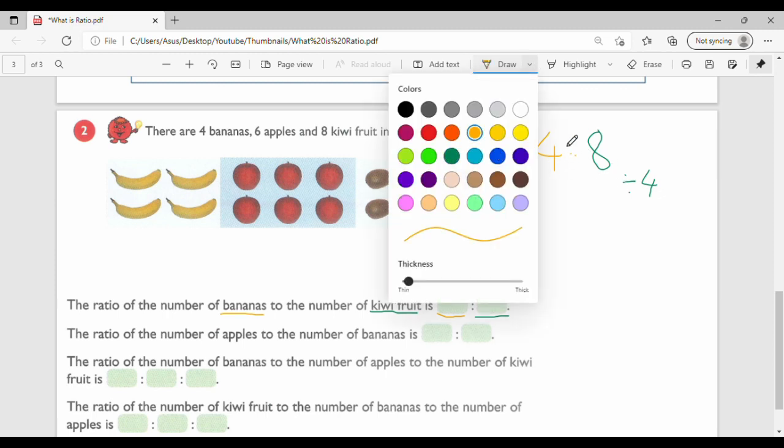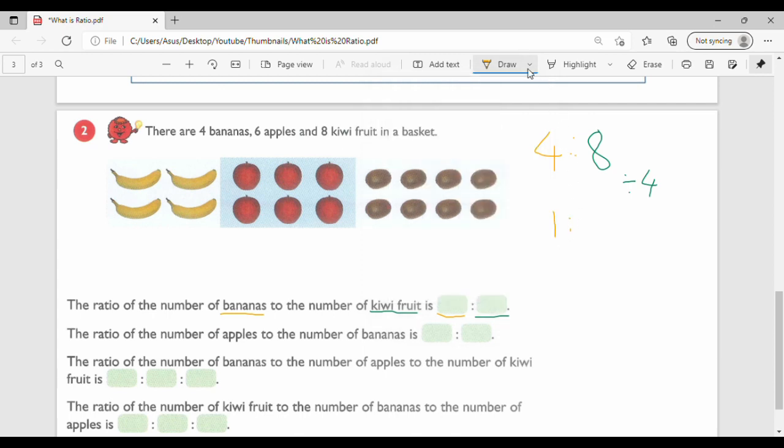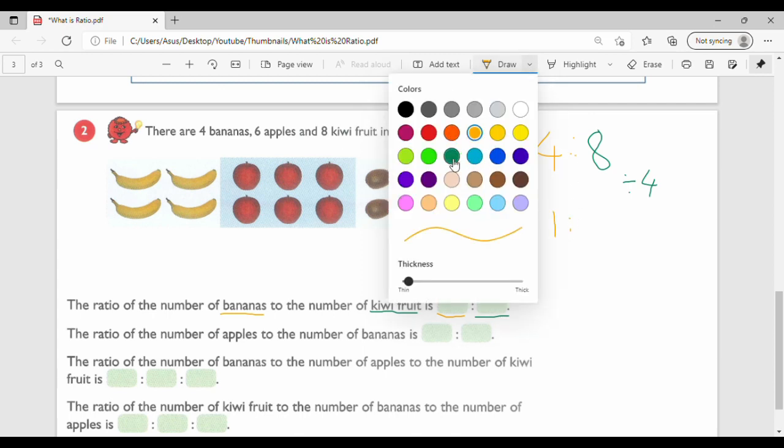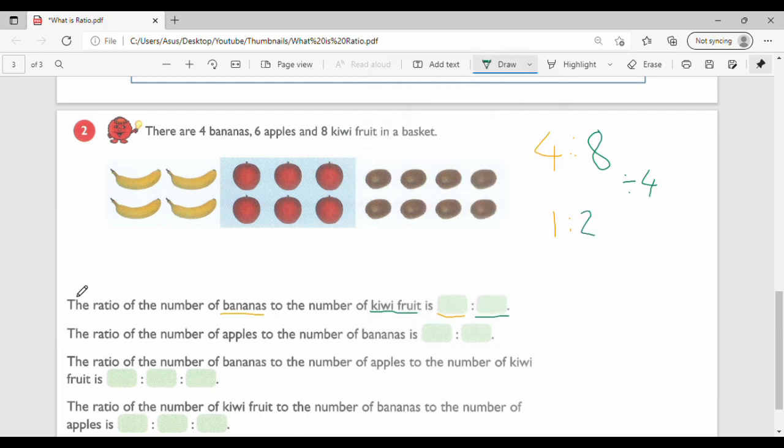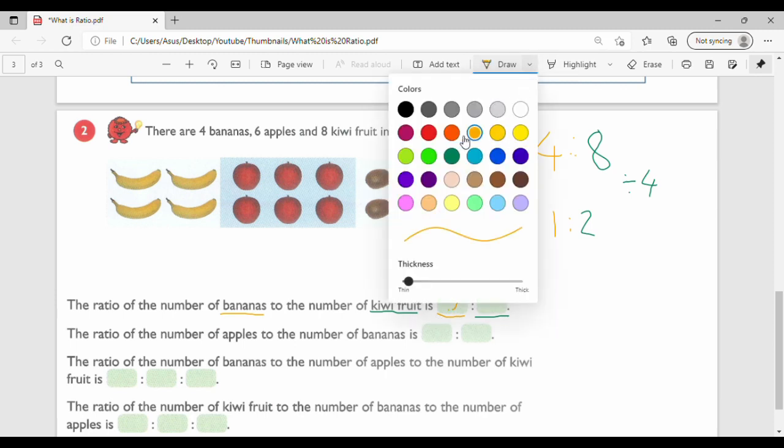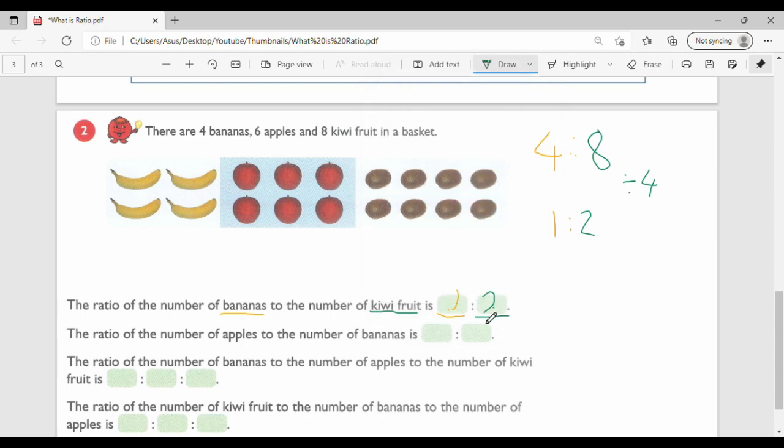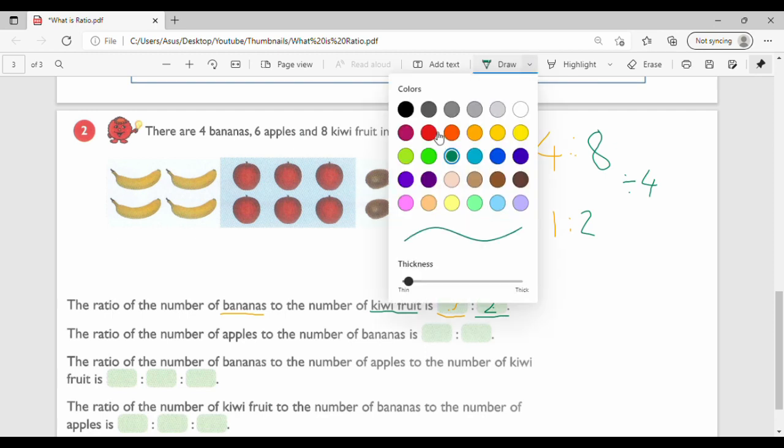We've got 4 to 8, divide by 4, that'll give us 1 to 2. So the answer to the first one, the ratio of the number of bananas to the number of kiwi fruit, is 1 to 2.